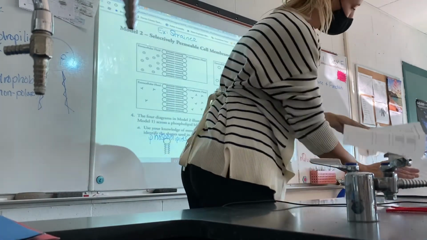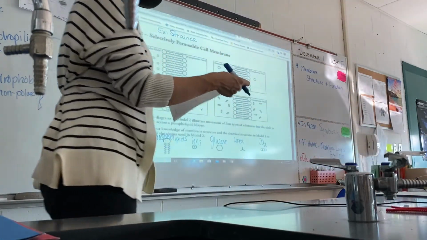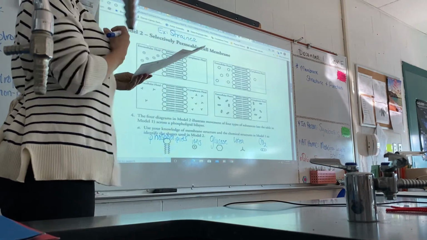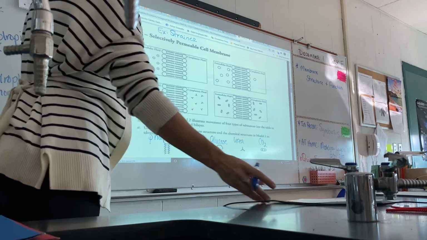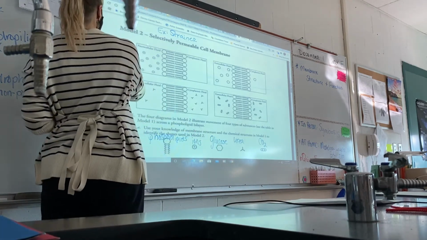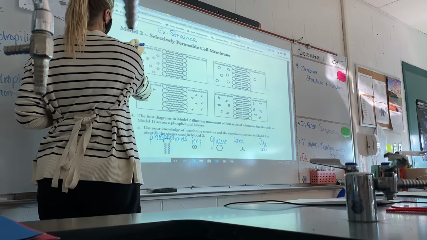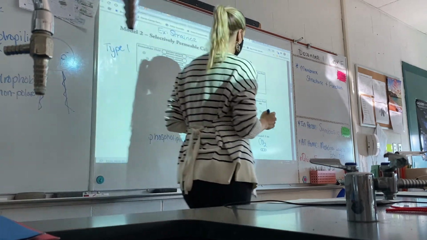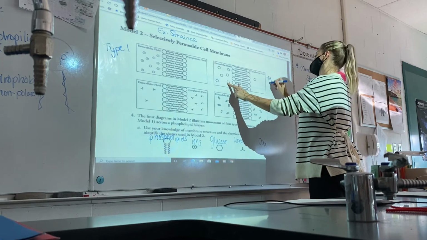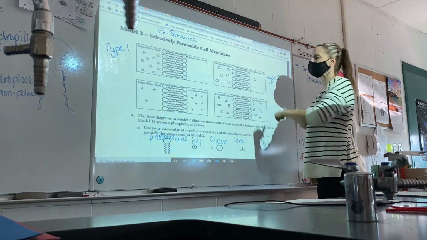Then the next thing you're being asked to do is to label each diagram with the ion type or molecule type. Now that we know these are ions, this is going to be type 1, right? Very polar, small molecules. Over here, if this is glucose, we consider that type 2, which was large and polar.